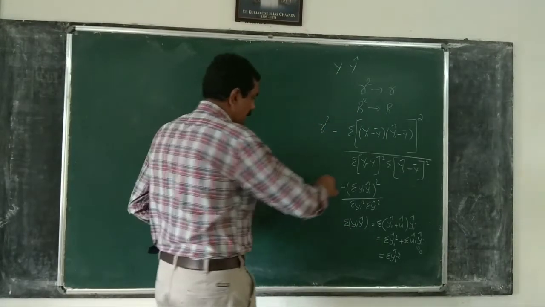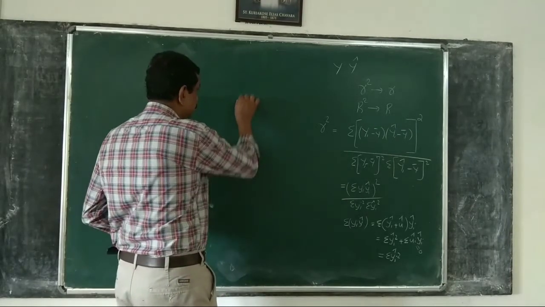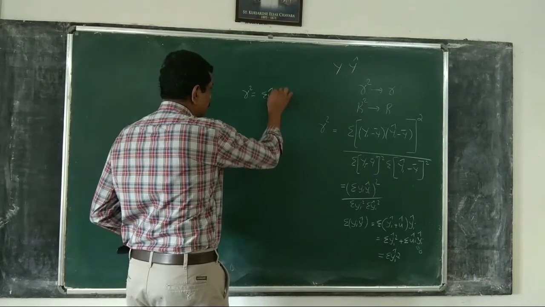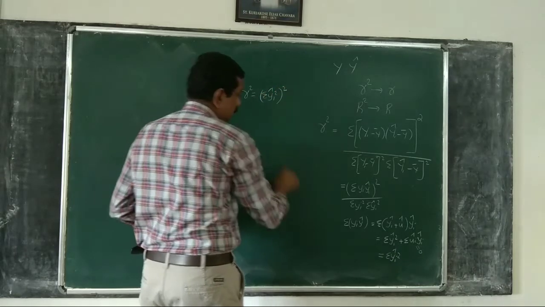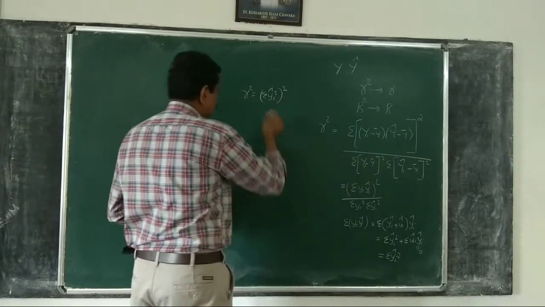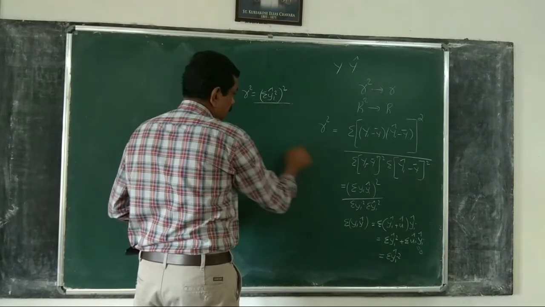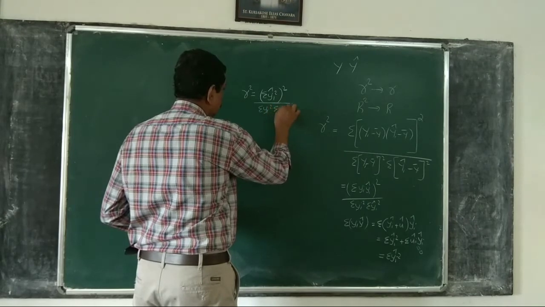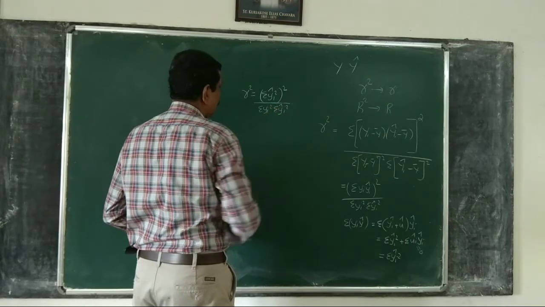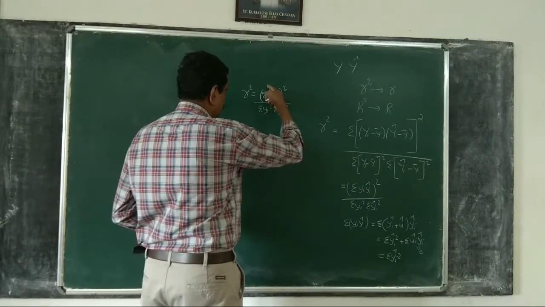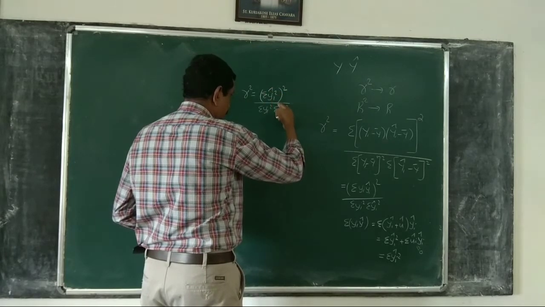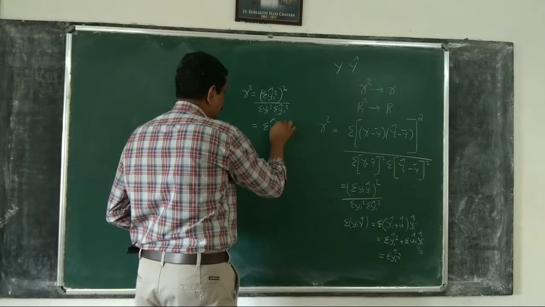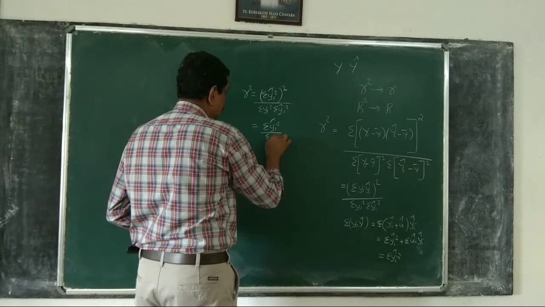Now r square is equal to sigma y hat i square, all square, because there is a square here, divided by sigma yi square into sigma y hat i square. One term here and one term here cancel, so it equals sigma y hat i square by sigma yi square.